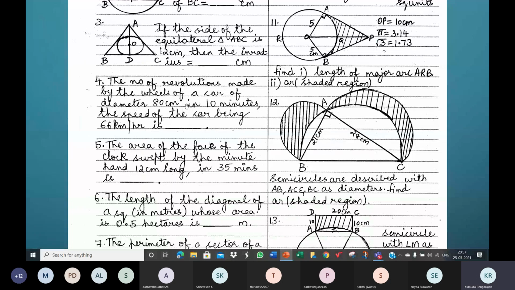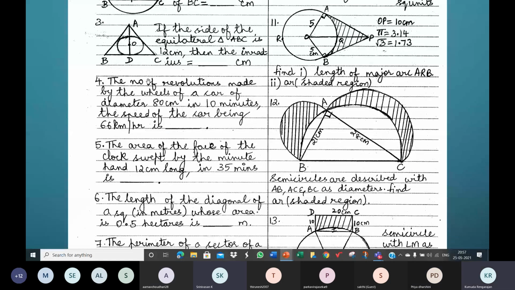How many revolutions, children? Let me see how many correct answers I'm going to get. What's the answer for the 4th one, the final answer? Ma'am, 7 revolutions. 2375. This is similar to a question in NCERT. 438.